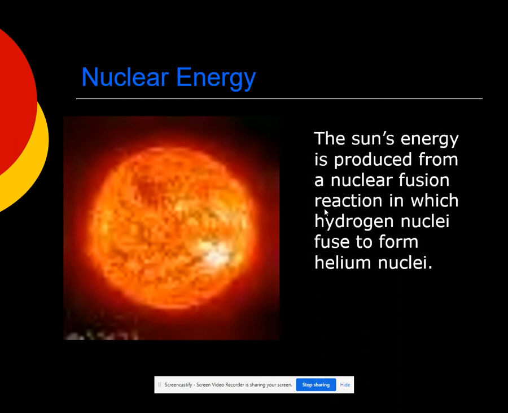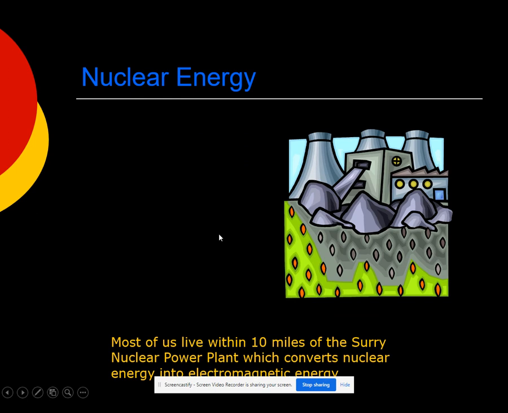And then again, we've already talked about this, but the sun is a fusion reactor. It does that where two hydrogen nuclei join and fuse and collide and form one helium nucleus. And that process is releasing the stored nuclear energy in the hydrogen atoms. So it's potential energy, but when it's actually burning, the sun is converting that potential nuclear energy into kinetic fusion thermal energy. And since we live pretty close to power plants, I know there's one for sure in Lake Anna.